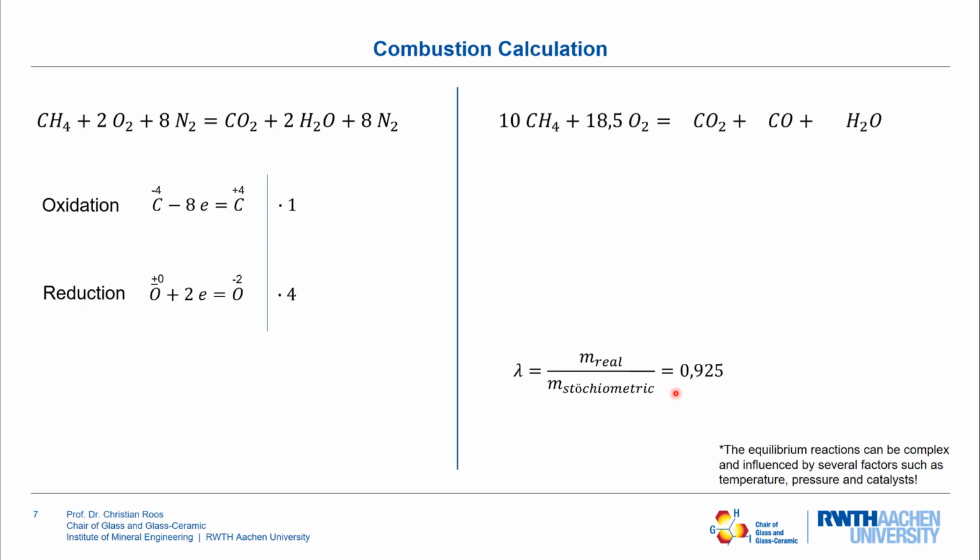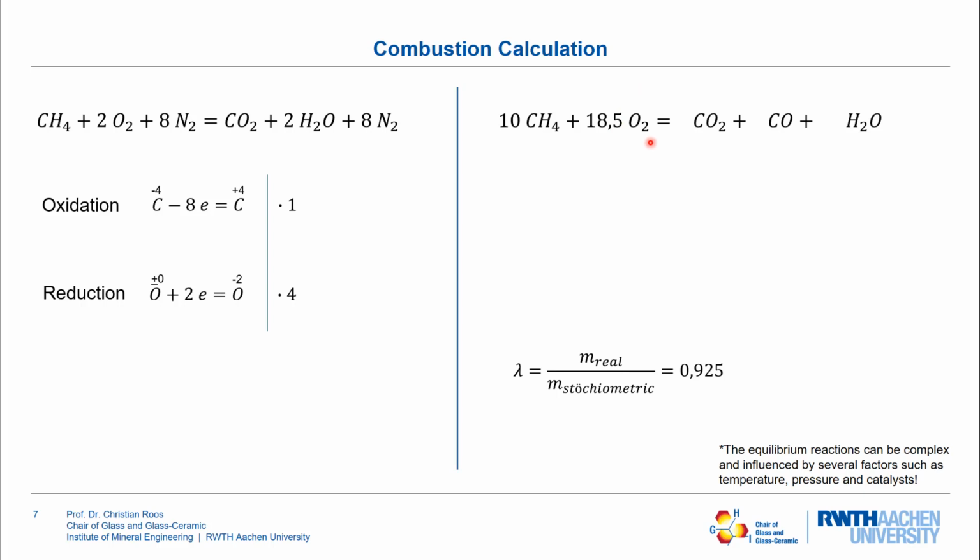Now let's again consider the combustion of methane with oxygen, now with a pure oxyfuel combustion. And the air number of 0.925 would mean that, because we need to have full numbers of atoms, you have to recalculate the numbers. So it would mean for 10 molecules of methane, we would have 18.5 molecules of O2, so 37 atoms of oxygen.